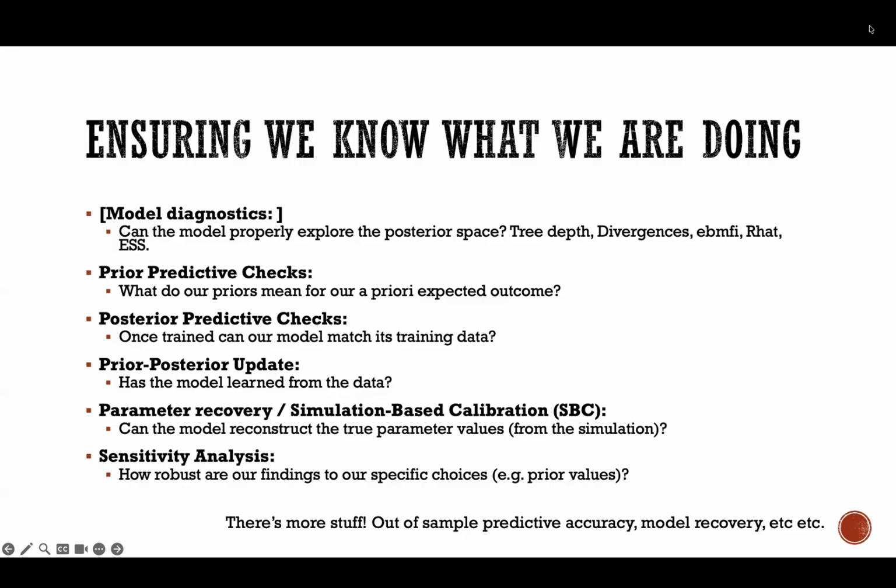We need to do parameter recovery and/or simulation-based calibration, because on this one simulation we can see that things are working well, but would it work well across a plausible range of values?